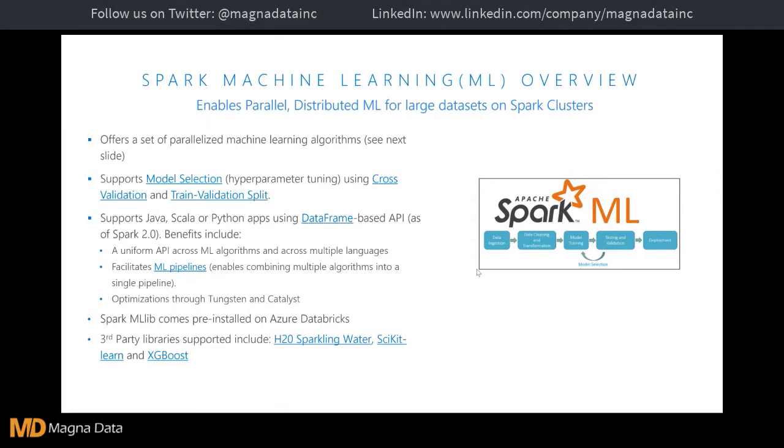So it supports things like model selection. So what is model selection? Given a set of models that are similar, you can have different algorithms that are very close, but they're optimized for specific situations. It'll actually use the most efficient one. So it does model selection, which is kind of nice.